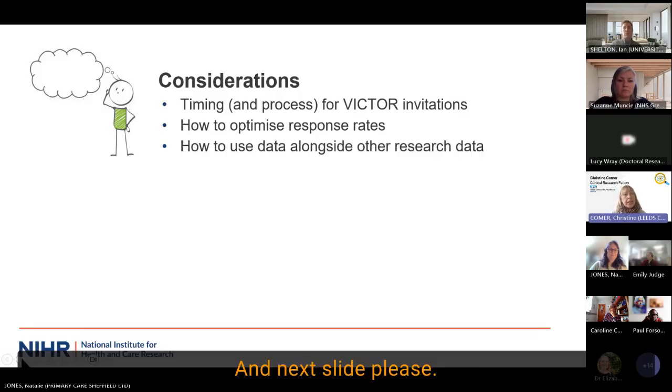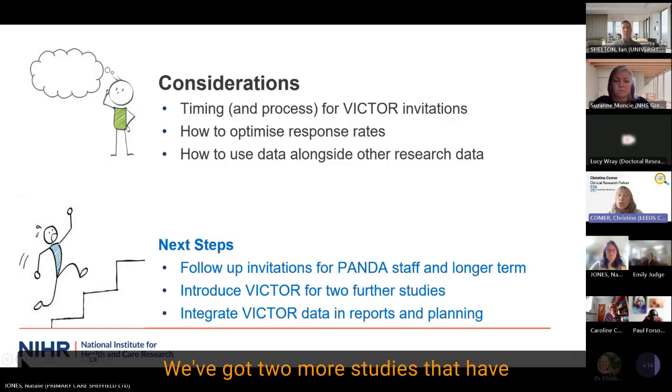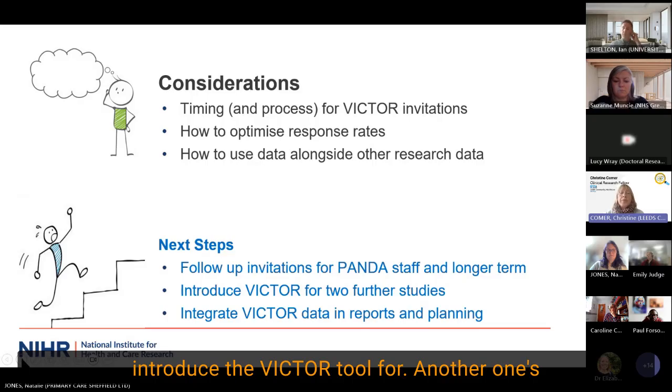Next slide, please. So our next steps are to do some more follow-up invitations for the PANDA trial to get some more Victor data, both to our staff and also probably longer term to the participants. We've got 2 more studies that have actually been completed that we're thinking we're probably going to introduce the Victor tool for.